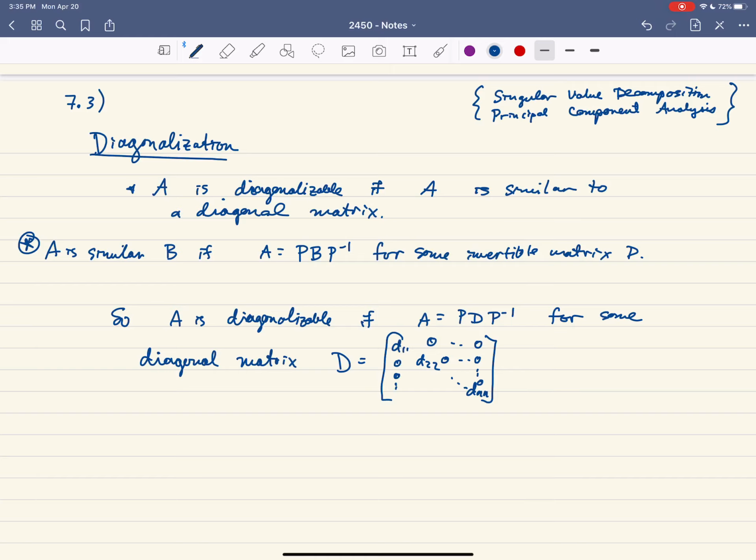So you have zeros everywhere else. Okay, so that's a diagonal matrix. And it turns out that A is similar to a diagonal matrix if and only if it's diagonalizable. So we'll actually give a nice characterization of which matrices are diagonalizable and which are not.